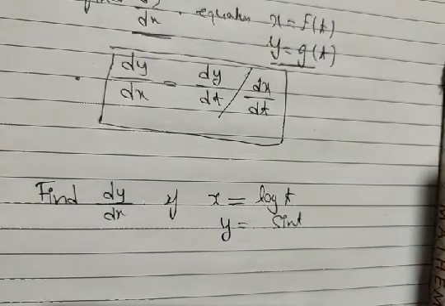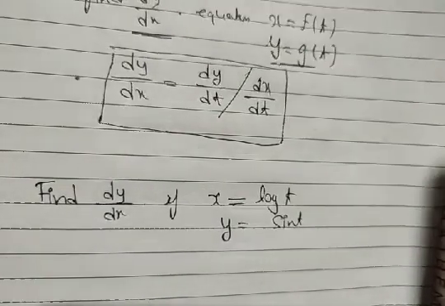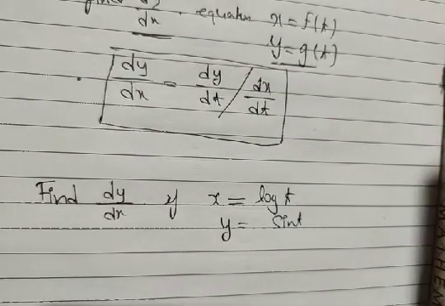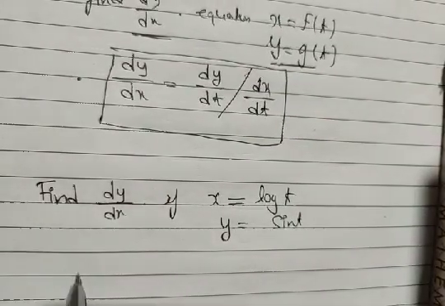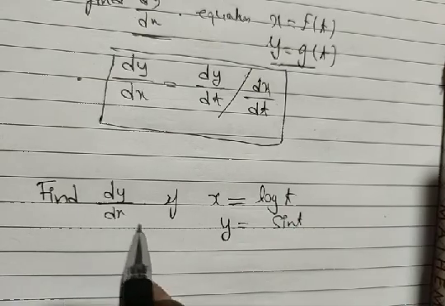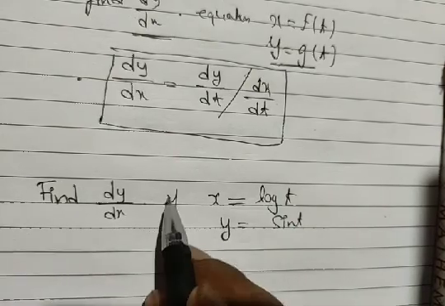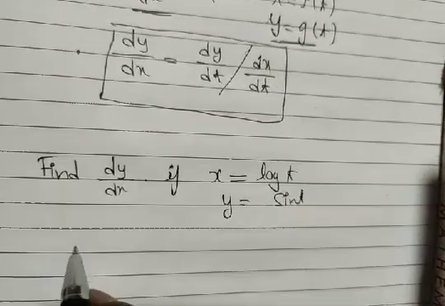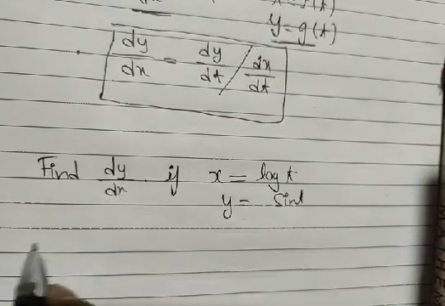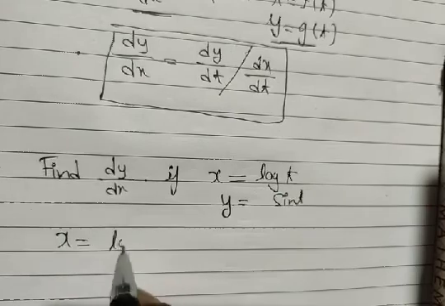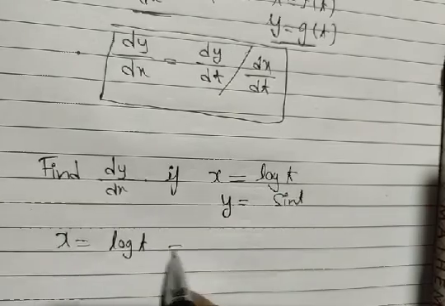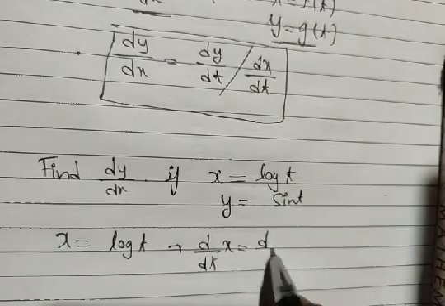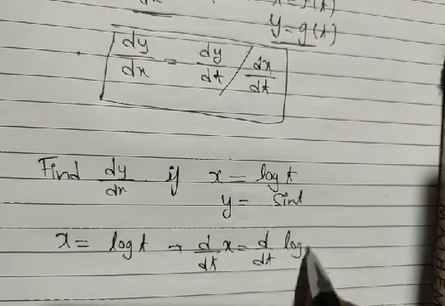Just suppose we are going to find dy dx if x equal to log t and y equal to sin t. Then to find dy dx, since we have x equal to log t, first we find d dt of x, which is d dt of log t.